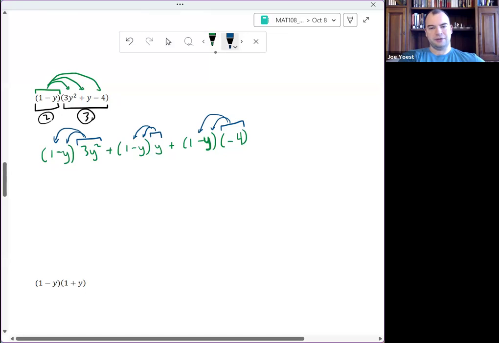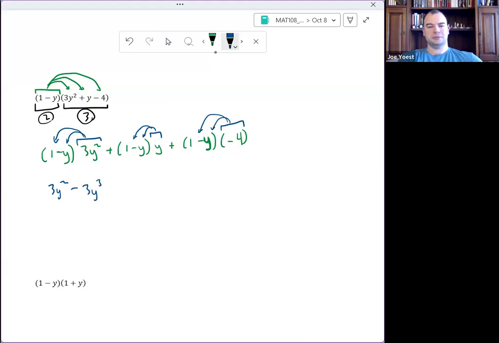Okay, so coming through here, I have 1 times 3y squared is just 3y squared, minus y times 3y squared is 3y cubed. That takes care of this first bit here. Plus 1 times y is y.